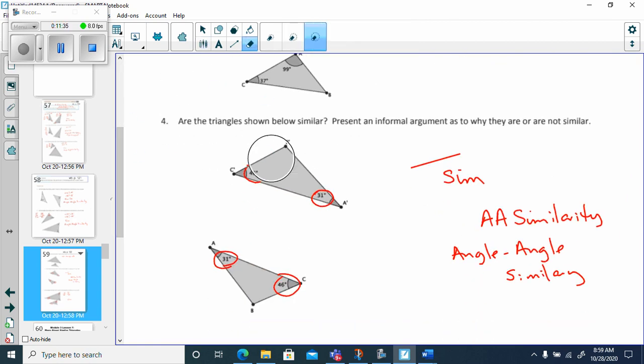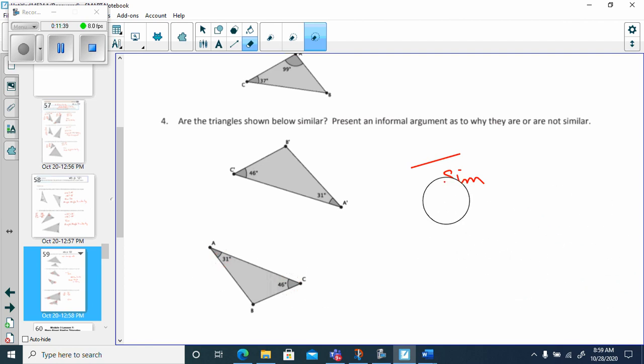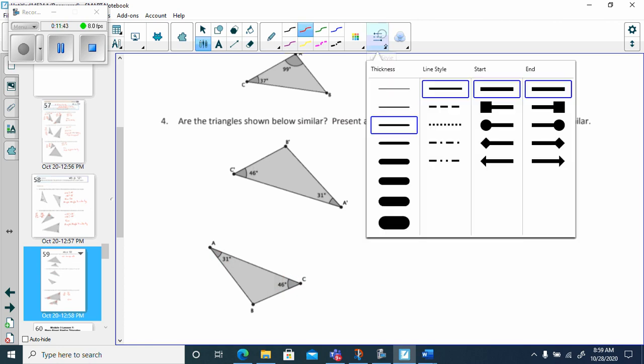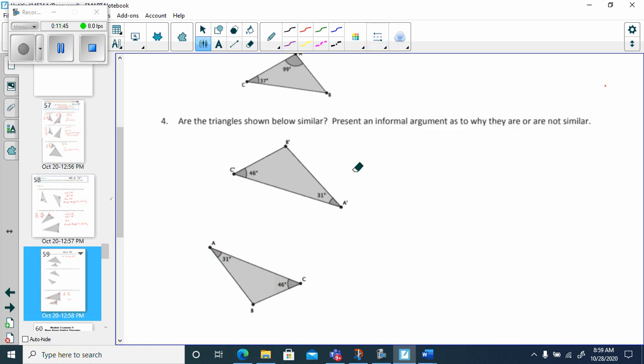Let's look at number 4. Are the triangles shown below similar? Present an informal argument as to why they are or are not. Okay.